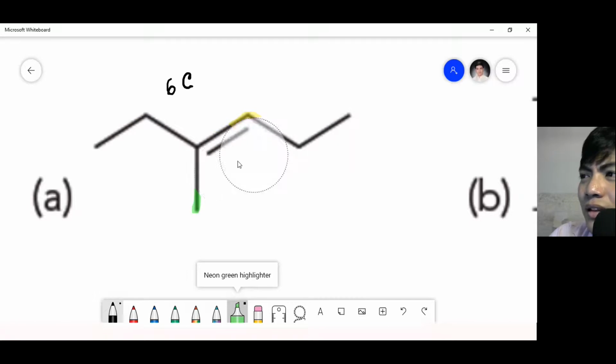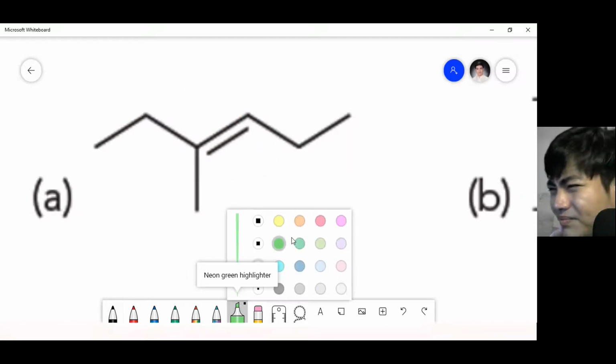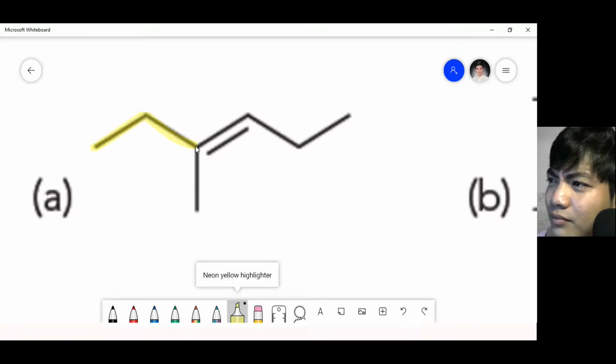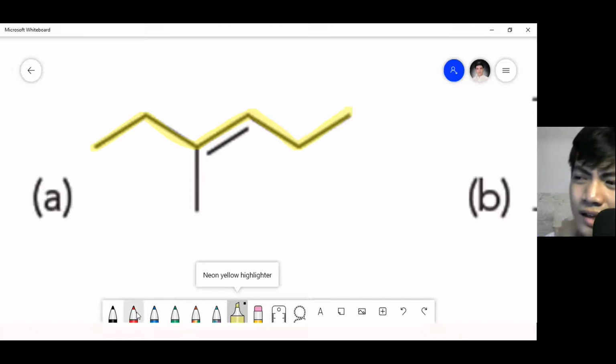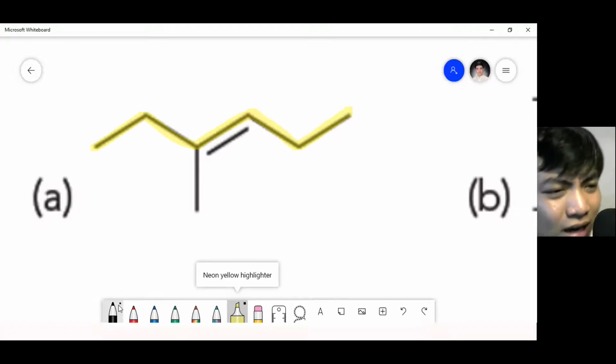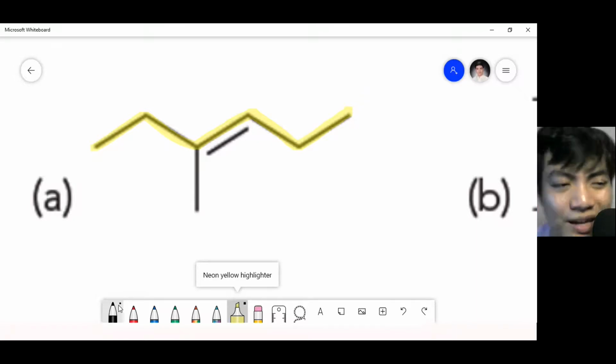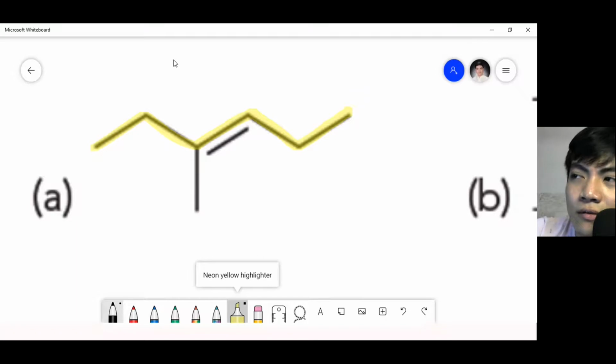So after highlighting your parent chain, of course you have to name it. Since we have 6 carbons here, the name of the alkene is hexene.